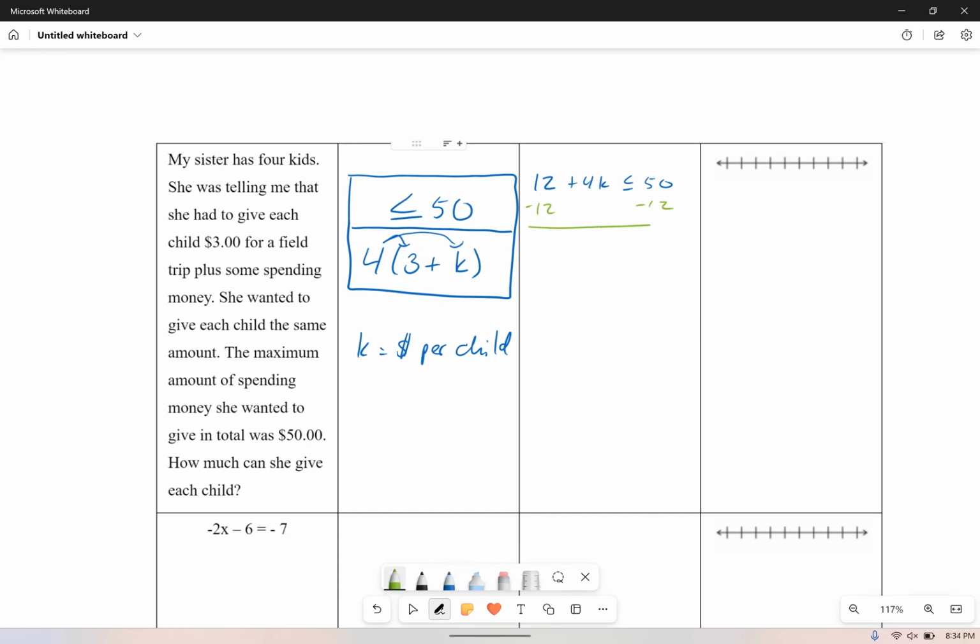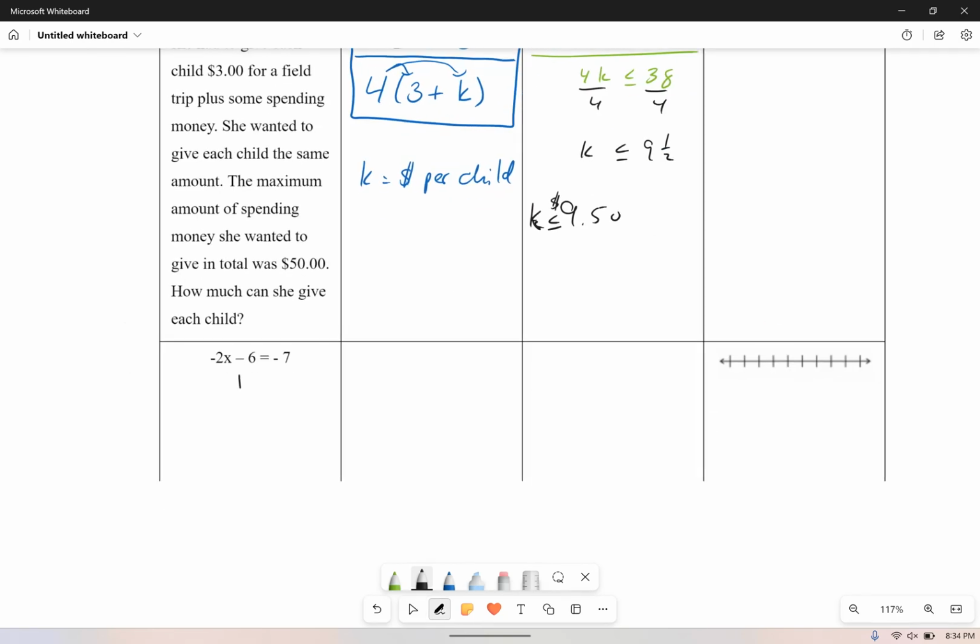So after she gives all the kids the money for the field trip, it looks like she has $38 left. Now I'm going to divide this by 4 because she's going to give them all the same amount. It looks like she can give them all $9.50 or less. She doesn't have to. So the amount of money is $9.50.